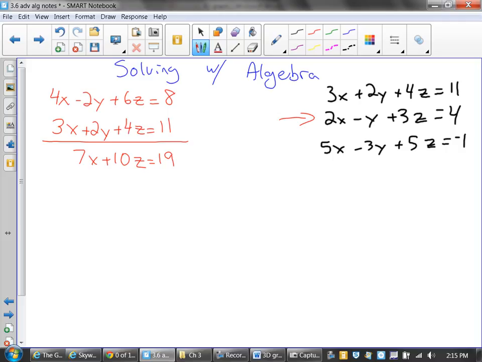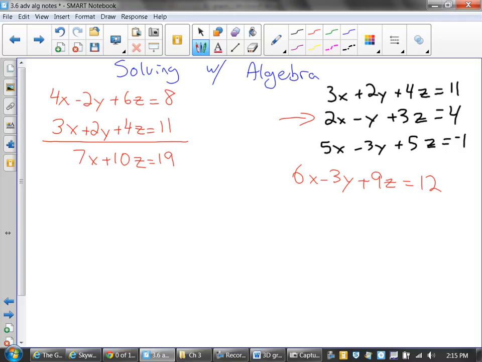So, once again, take the second equation, multiply it by 3, and I get 6x minus 3y plus 9z. Oh, excuse me, 6x. What am I doing? I'm taking the second equation and multiplying it by 3. Why 3?